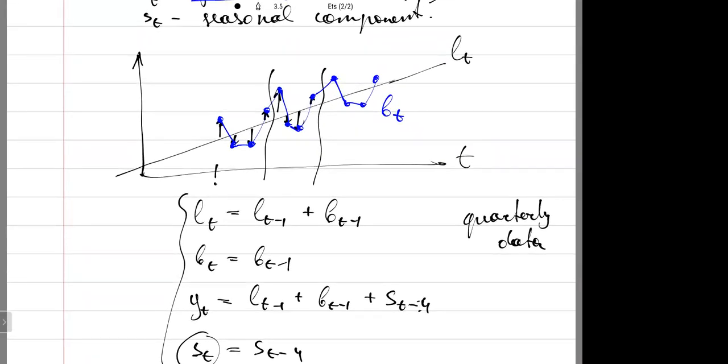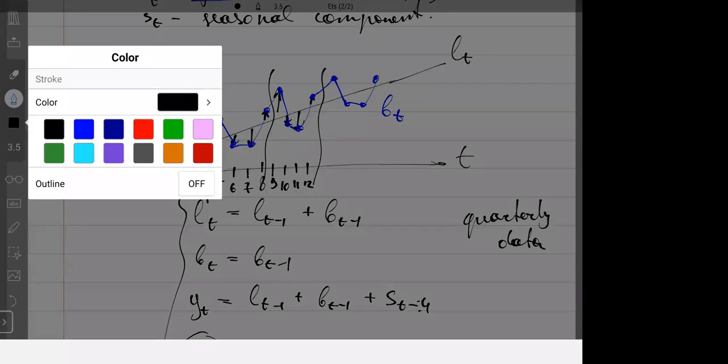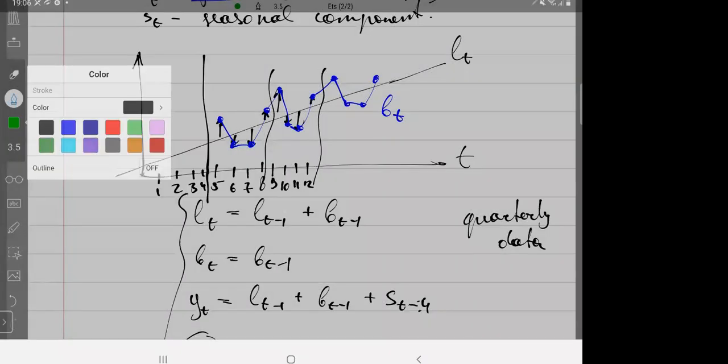So let's say this is the first year, 1, 2, 3, 4. This is the second year, 5, 6, 7, 8. This is year number 3, t is 9, 10, 11, 12. Let me add in green.